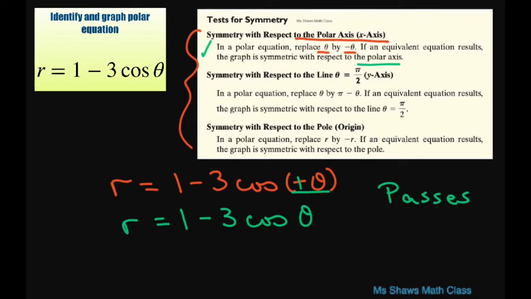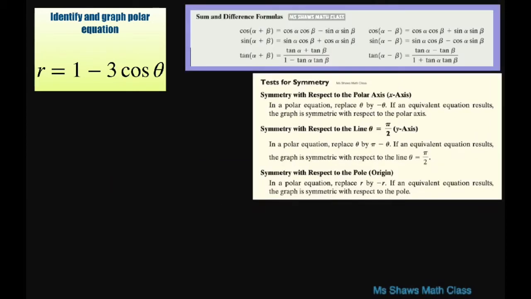So let's try our symmetry with respect to the line theta equals pi divided by 2, which is the y-axis. In this case, we're going to substitute pi minus theta for theta. So we're going to get r equals 1 minus 3 cosine of pi minus theta.